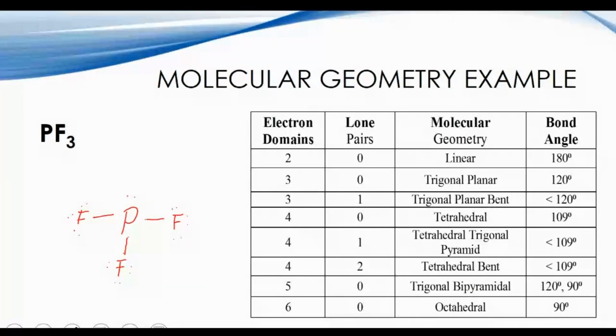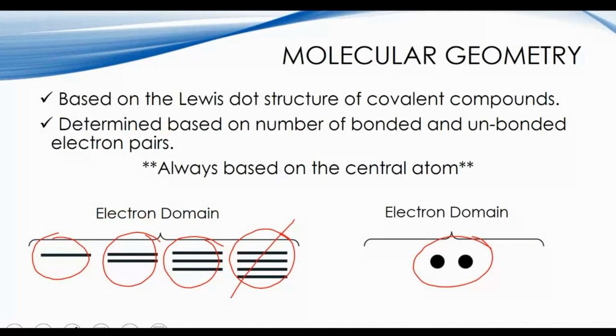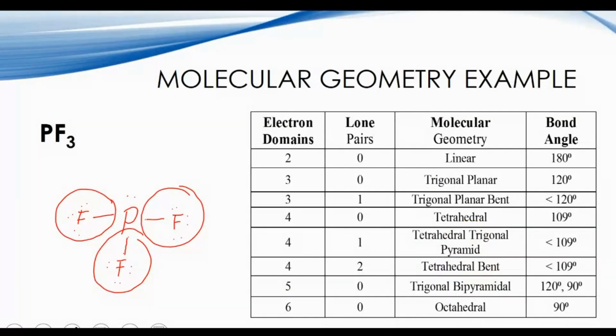There is a bond here with the fluorine on the left, so that counts as one domain. The fluorine at the bottom counts as another domain. The fluorine on the right counts as another domain. And remember, our electron domains can also be lone electron pairs, so we have another domain here. So we have 3 domains that are bonded, and we also have one domain that is unbonded.